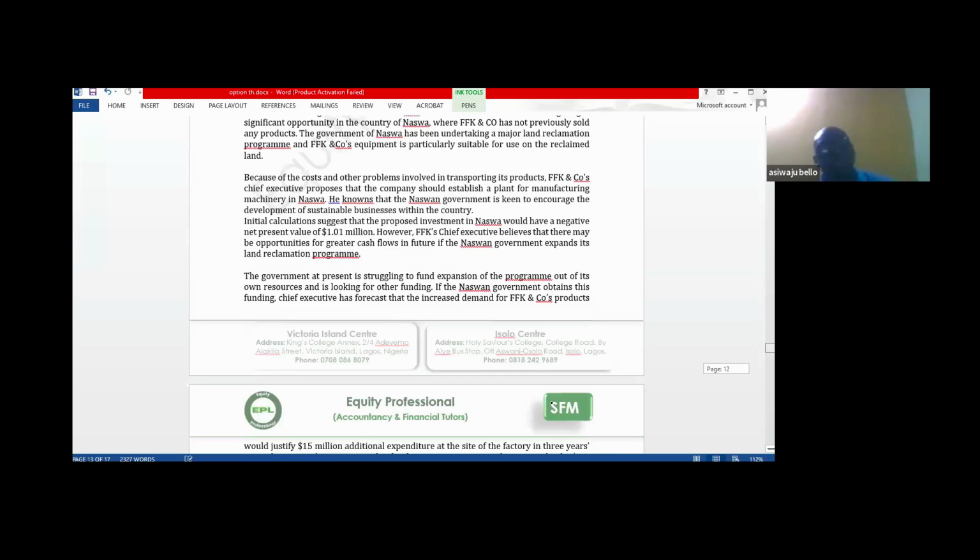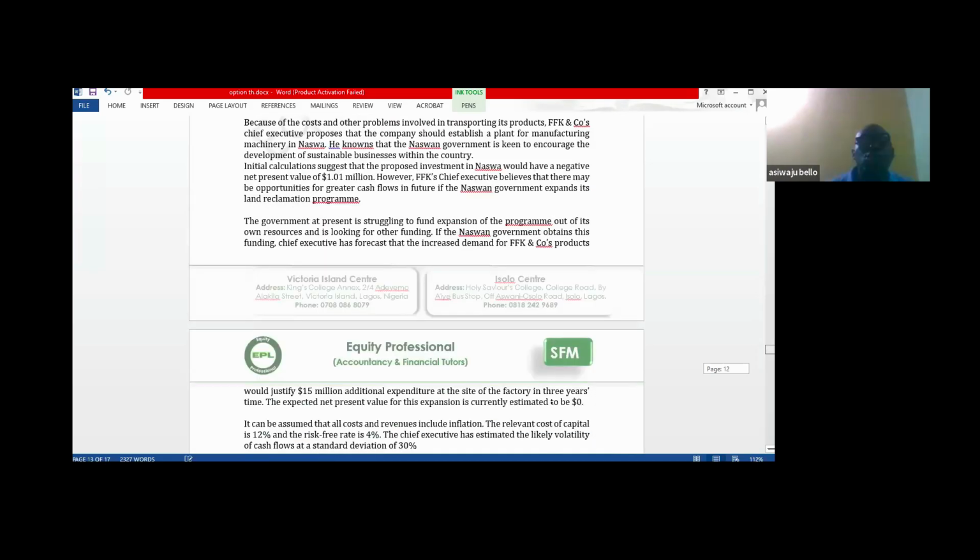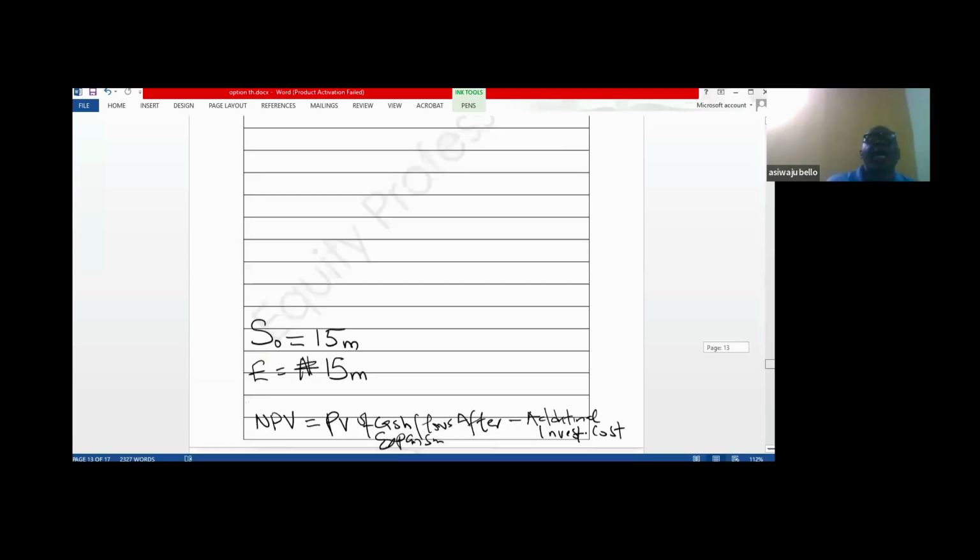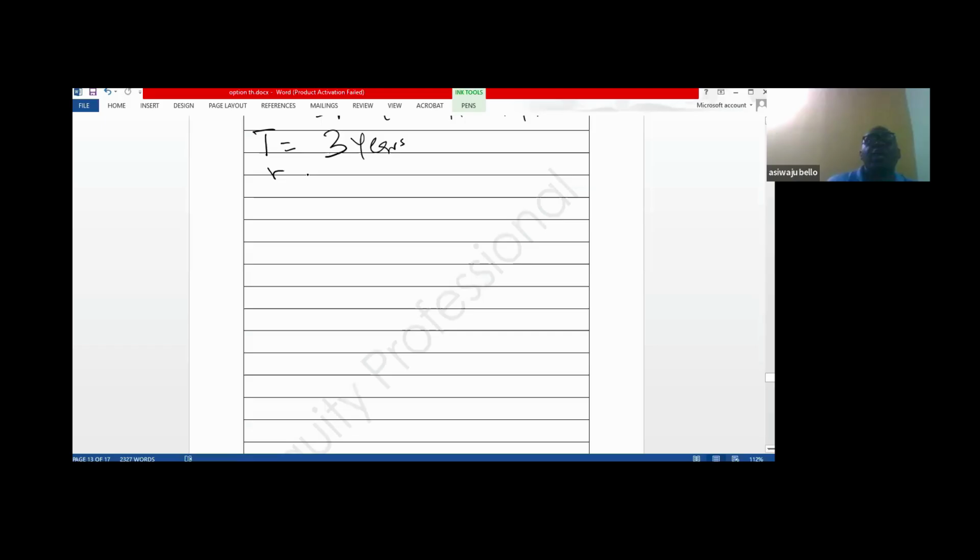Expansion will happen in 3 years. Your risk-free rate is 4%, standard deviation 30%. Our R is 4%, 0.04. Our standard deviation is 30%, 0.3.